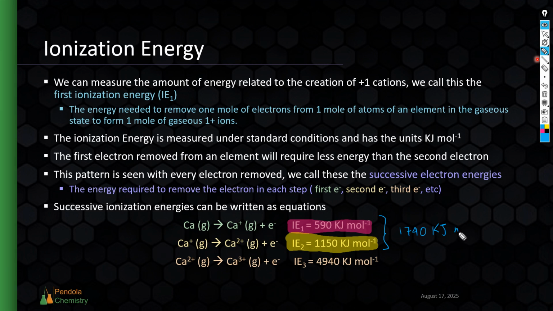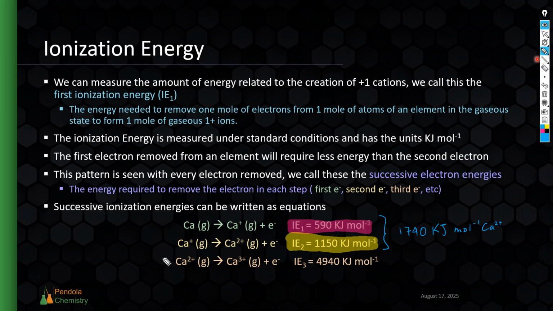So I could write it as kilojoules per mole^-1 of calcium 2+. So for every 1 mole of calcium 2+ ions we want to make, it will take 1,740 kilojoules of energy, because we need to add these two up. This is how much it requires to remove the first electron. This is how much it requires to remove the second electron. Not both, but the second. So in order to figure out how much it requires to take both off, we will have to add both of them up.